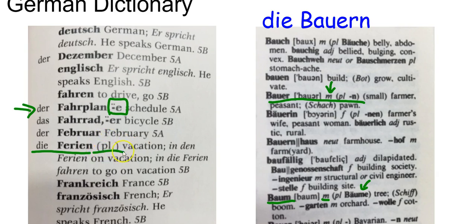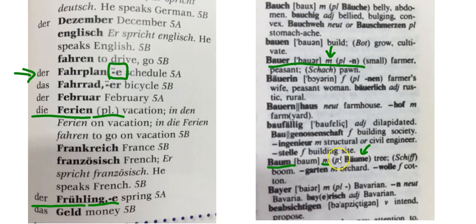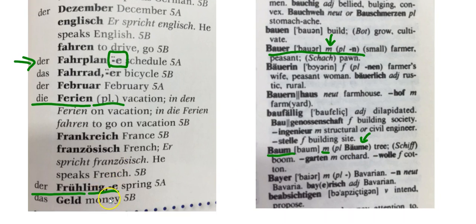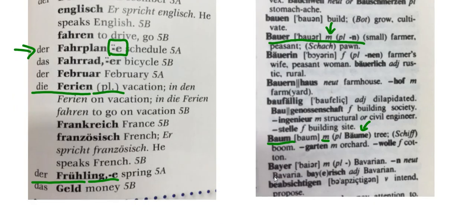Sometimes they're already in plural form, so a dictionary will likely tell us that. Here's another example where it tells us the plural because there's too many changes to it. So it says, well, the plural of tree is Bäume. Here, spring tells us an E ending. So different dictionaries will tell you how to do that.